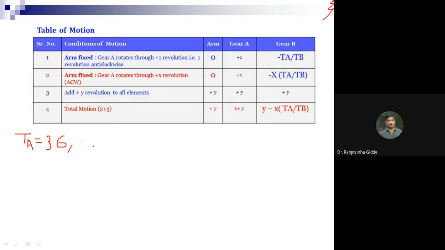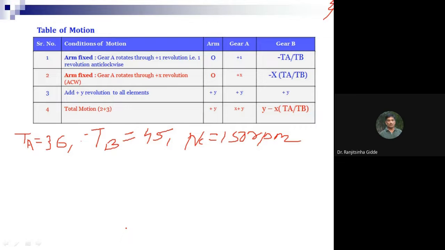Then TB. TB is equal to 45. Okay. And NC is equal to 150 RPM. This is the given data.